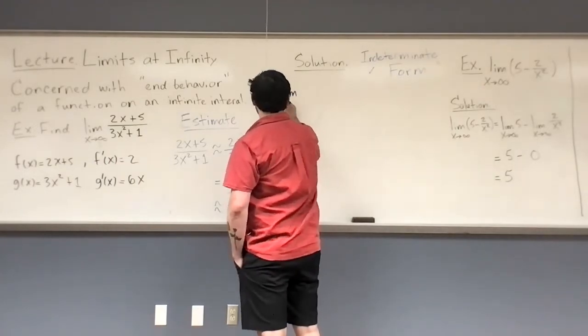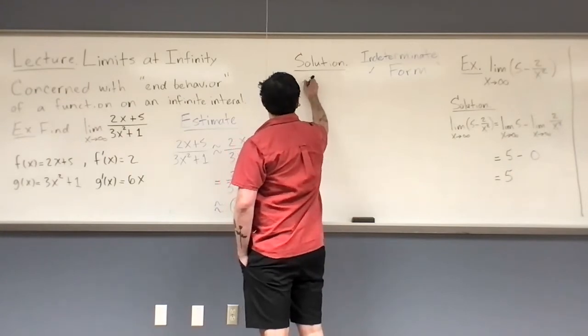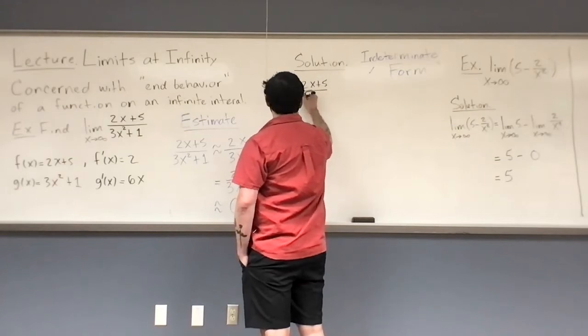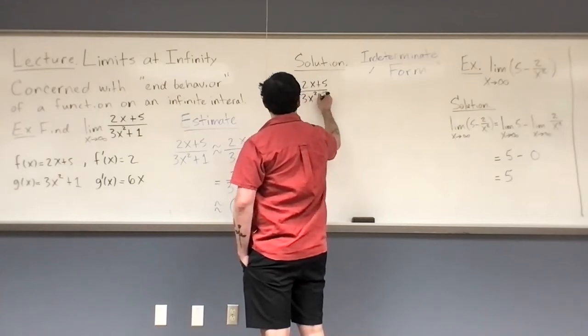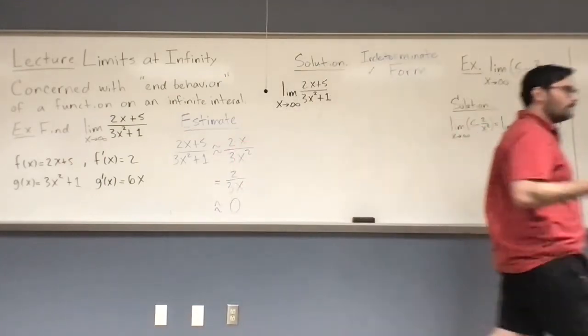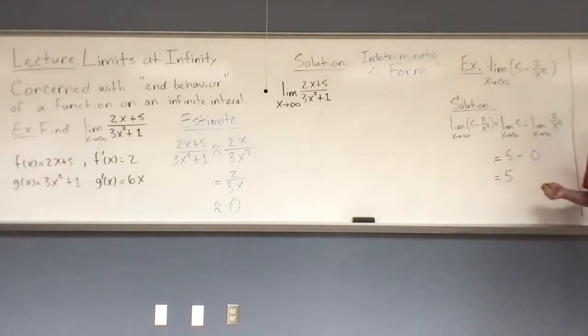So let's look at the limit as x goes to infinity of (2x plus 5) over (3x squared plus 1). Now, again, the goal algebraically is to get something that looks like a constant over some x variable.